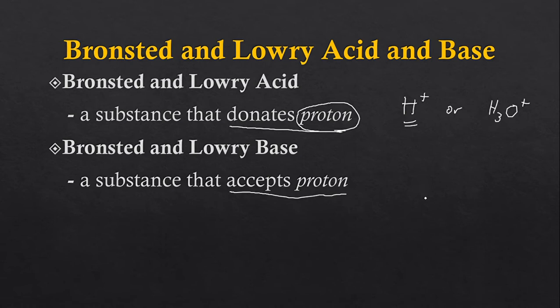Kasi again, di ba, ang hydrogen atom ay may isang proton sa gitna at may isang electron. Okay? Nakaikot-ikot dun sa proton niya. Now, kapag ito kasi, electron natin na ito ay natanggal, nakuha ng ibang atoms.